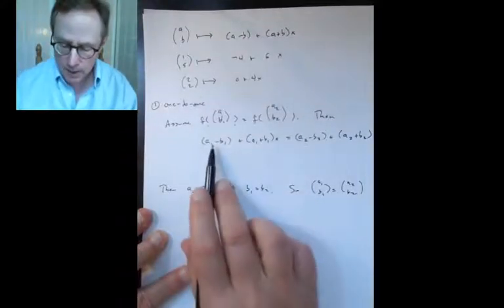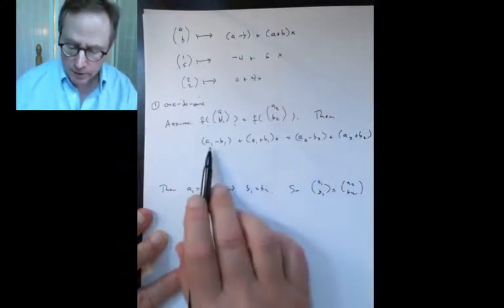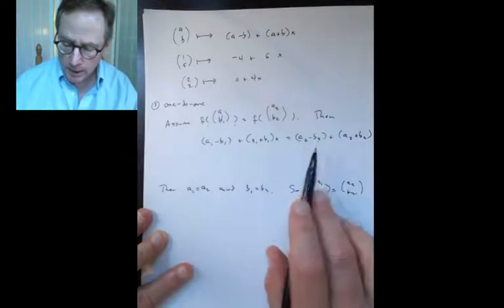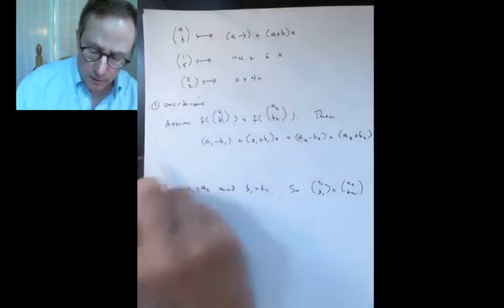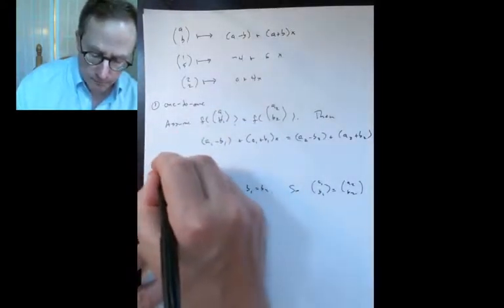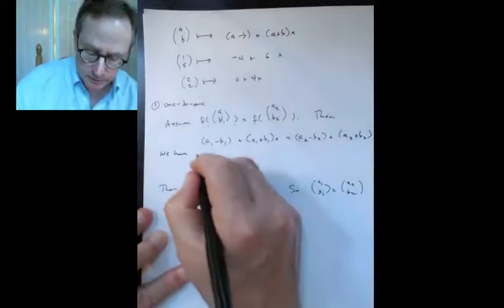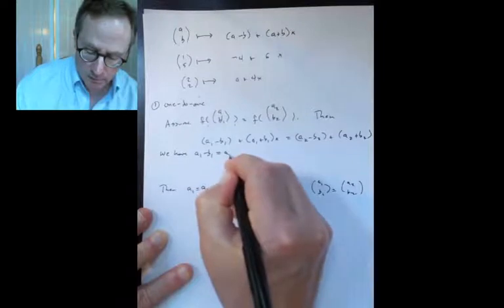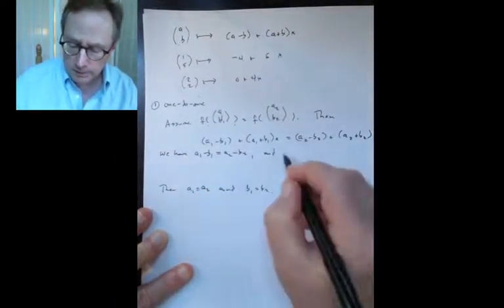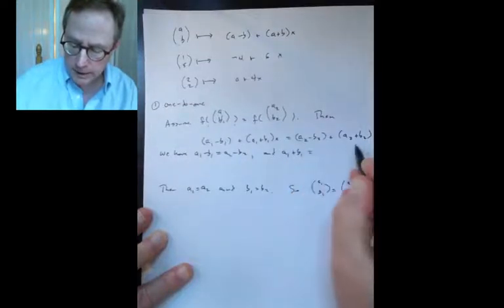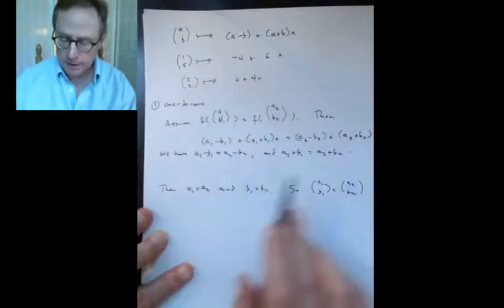So let's see. I have here 2 linear polynomials, and I've got to conclude this. So it seems I have to conclude that a1 equals a2 and b1 equals b2 by looking at the constant terms and the coefficients of x. So we have a1 minus b1 equals a2 minus b2, and a1 plus b1 equals a2 plus b2. Okay? And how do I get from there to there?